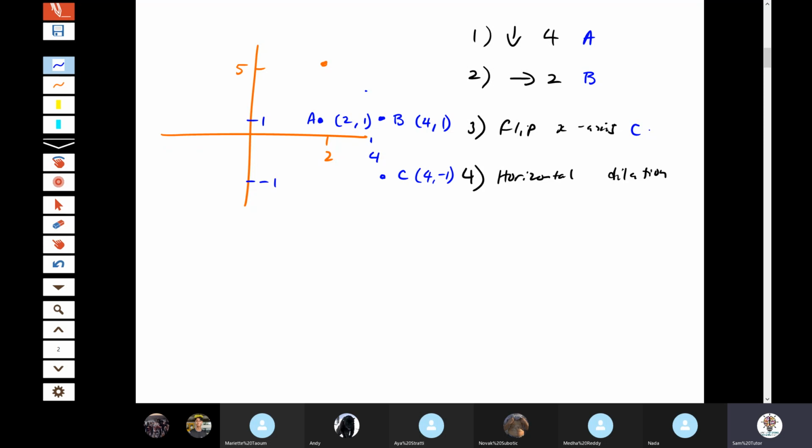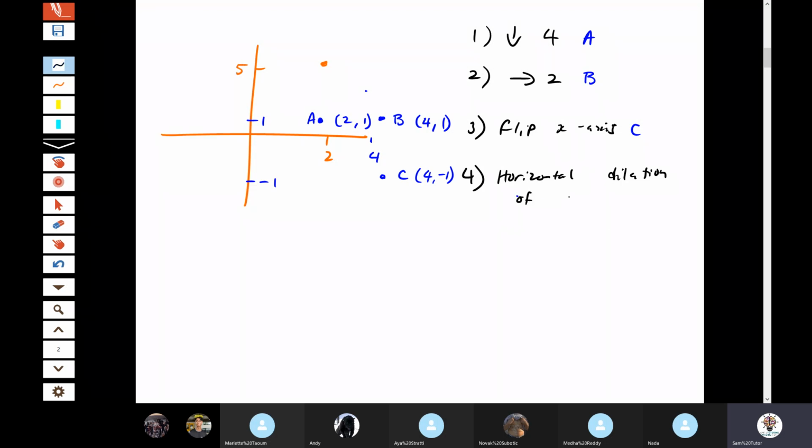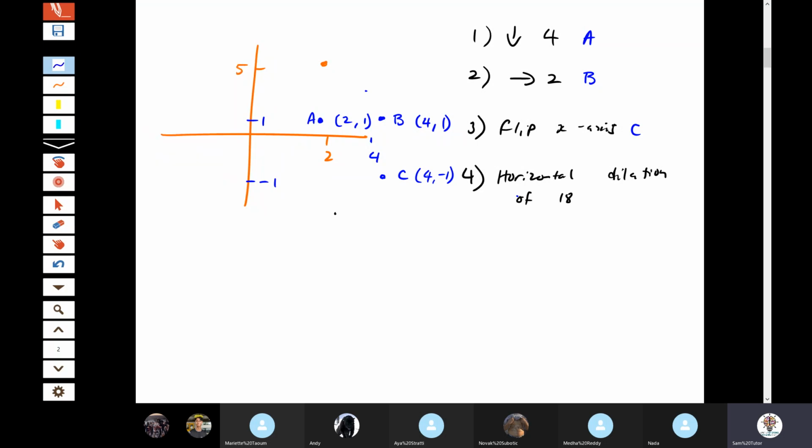Still good? And then it's a horizontal dilation. Oh, you didn't say of how much? Of 1 on 8, which means we're going to get C at 4 on 1/8, and -1.